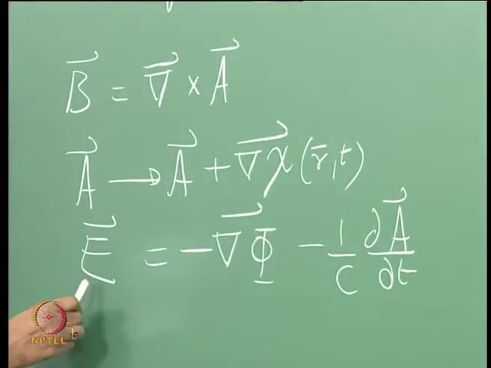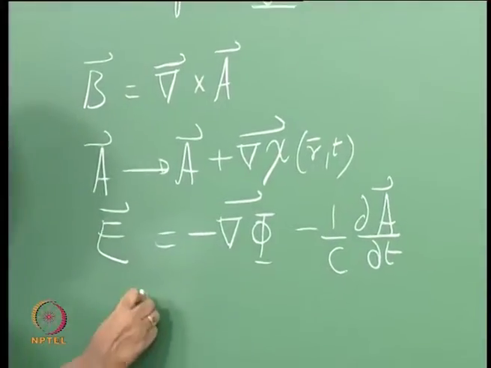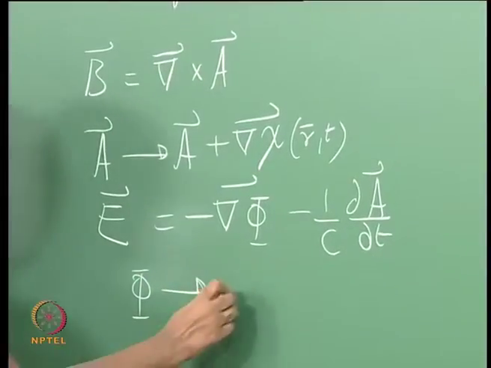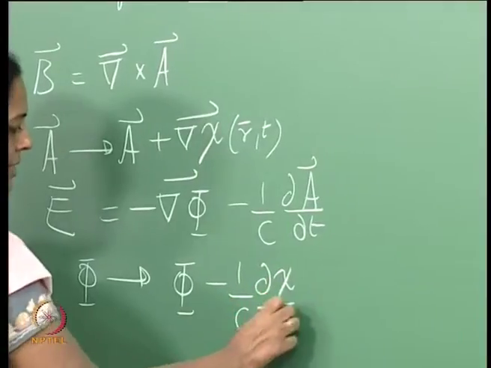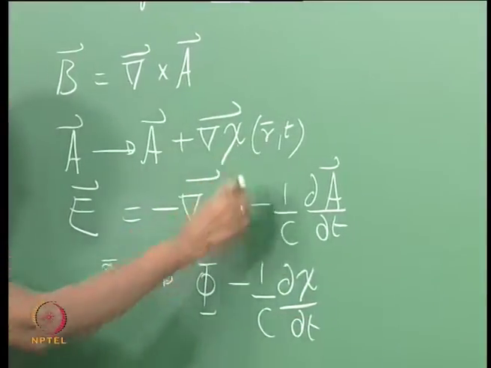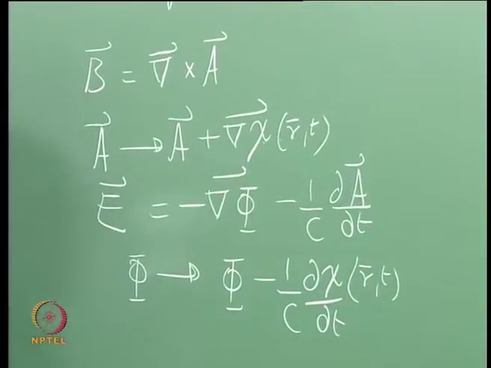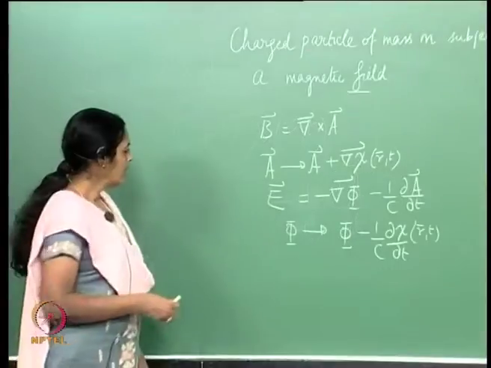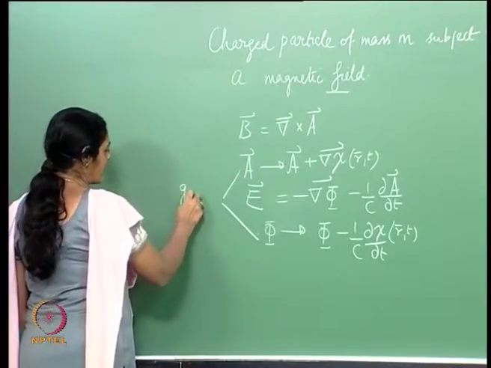In order to keep the electric field unchanged under the gauge transformation, phi changes correspondingly to phi prime, which is phi minus 1 by c delta chi by delta t, the same chi that appears there in the A equation. So, these two define the gauge transformation.